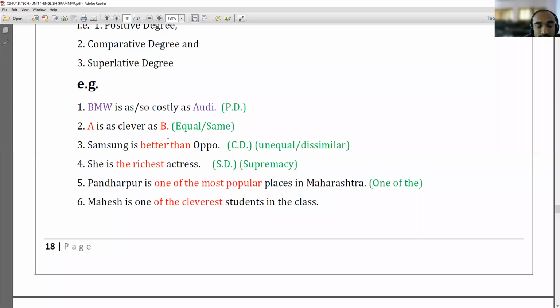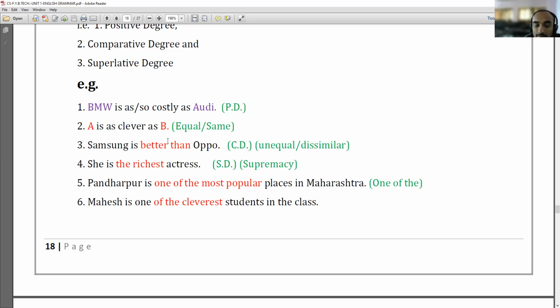Let's look at the third example. Samsung is better than Oppo. Here we have used comparative form of degree, and in this example we are comparing two unequal or two dissimilar things. दोन डिसिमिलर थिंग्जचं आपण कंपॅरिझन करतोय किंवा अनइक्वल असमान वस्तूंचं आपण कंपॅरिझन करतोय.